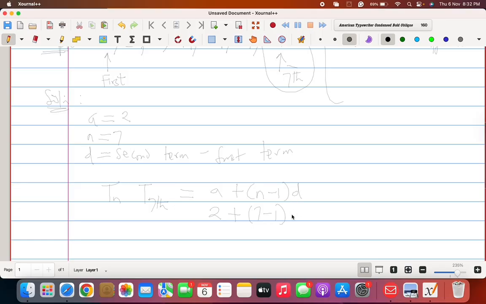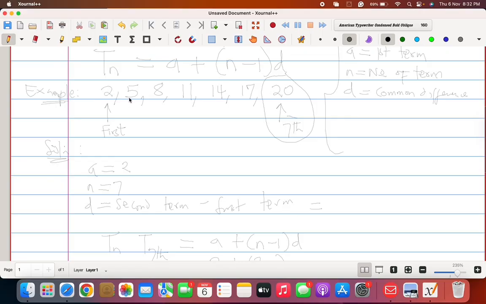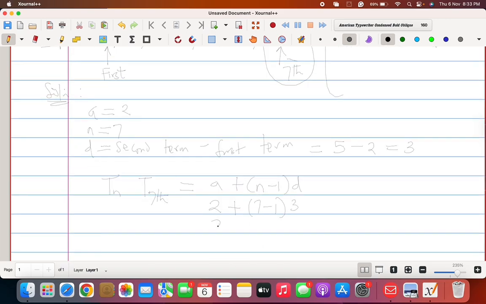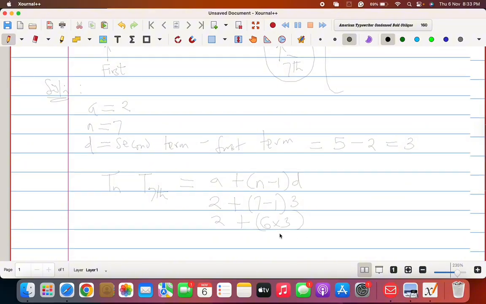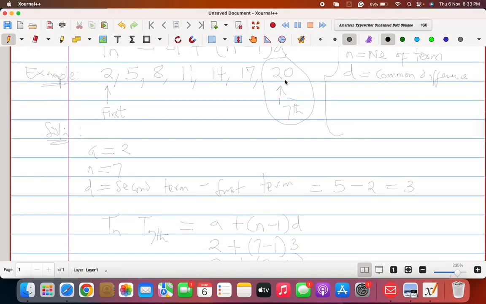And this is a common difference which we did not solve yet. The first term is 2, the second term is 5, so this becomes 5 minus 2, which equals 3. So this becomes 2 plus 6 times 3. Now 6 times 3 is 18, and 18 plus 2 is 20. So that corresponds to what we have here.